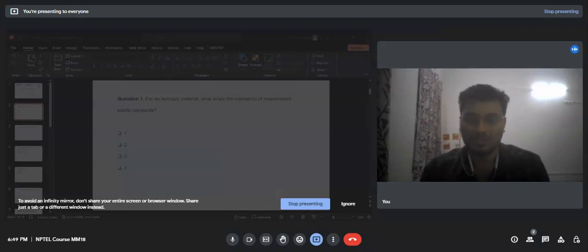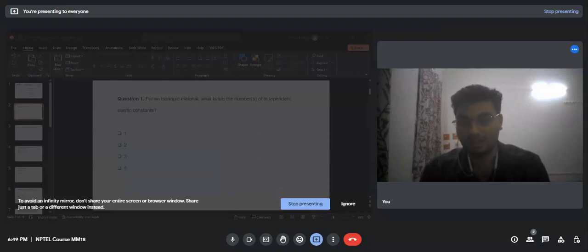And what about strain? For strain, we have to measure the change in length compared to the original length. Suppose we have some length L. So what is changing?